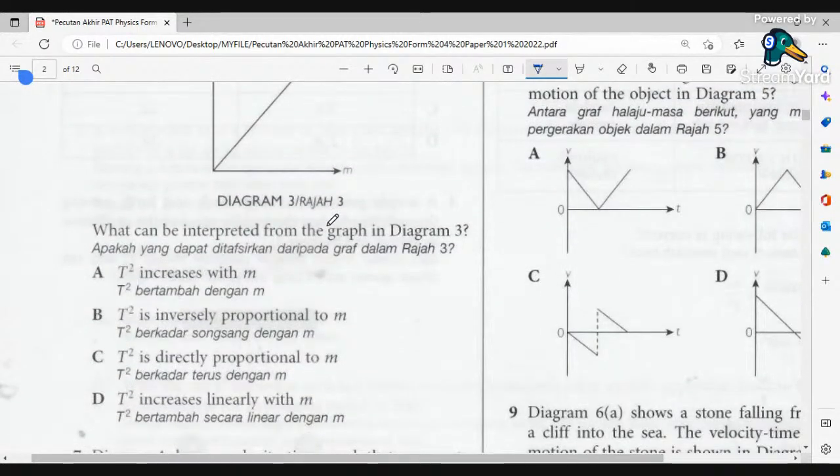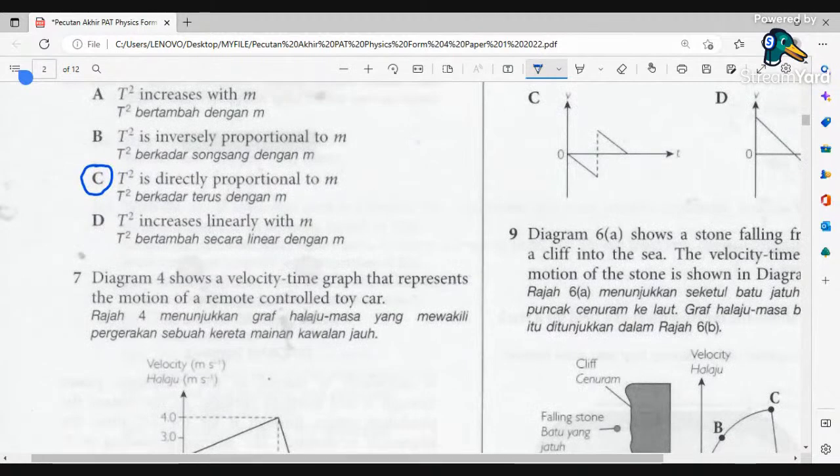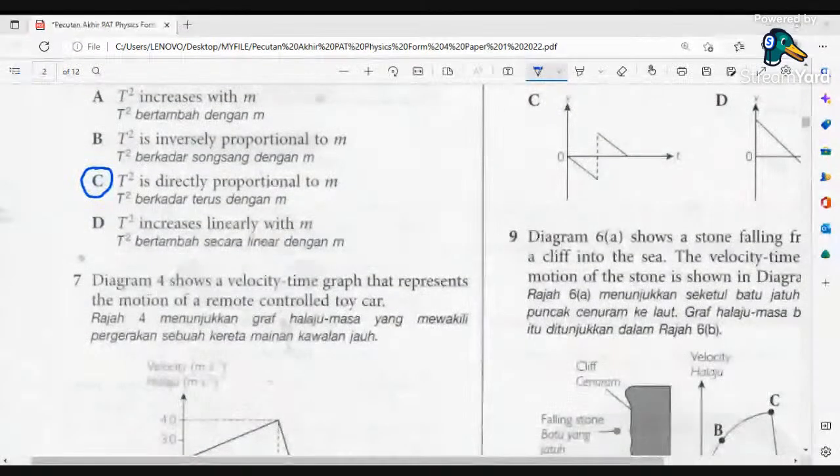So find the relationship between T squared and M. A straight line that passes through the origin means directly proportional. So T squared is directly proportional to M. Okay, I go fast sebab takut masa tu lambat. Okay, kalau you ada soalan terus tulis.